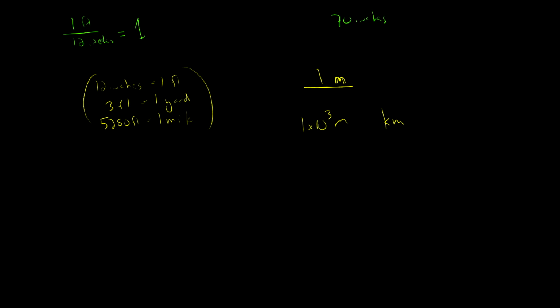Then there's a centimeter, which is 1 times 10 to the negative 2 meters. There's a millimeter, which is 1 times 10 to the negative 3. And so these prefixes are multipliers of power of 10. And what we want to do is collect some powers of 10.